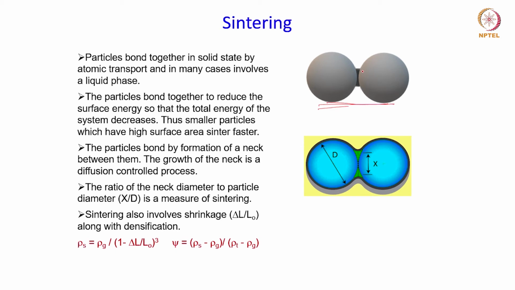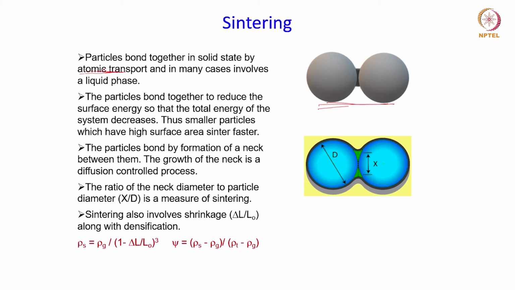So a neck will first form between the particles at the contact points, and this neck will grow by diffusional transport of matter or atomic transport, and in some cases it can also involve liquid phase.